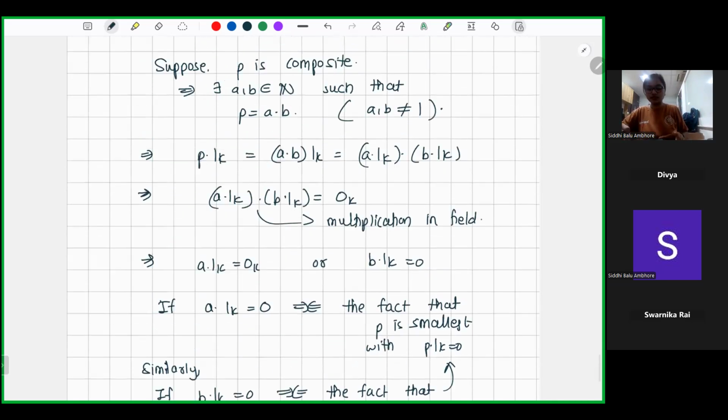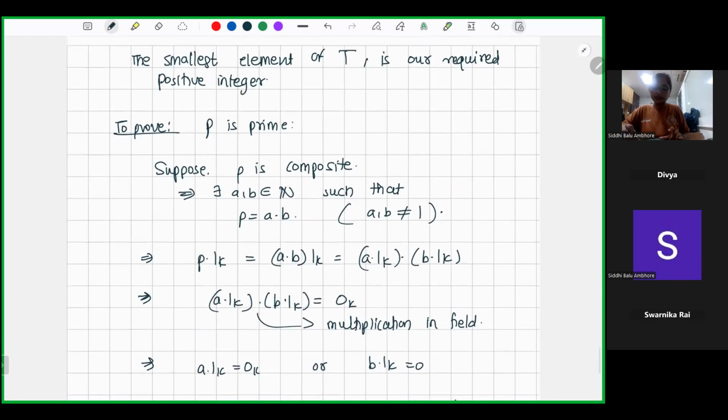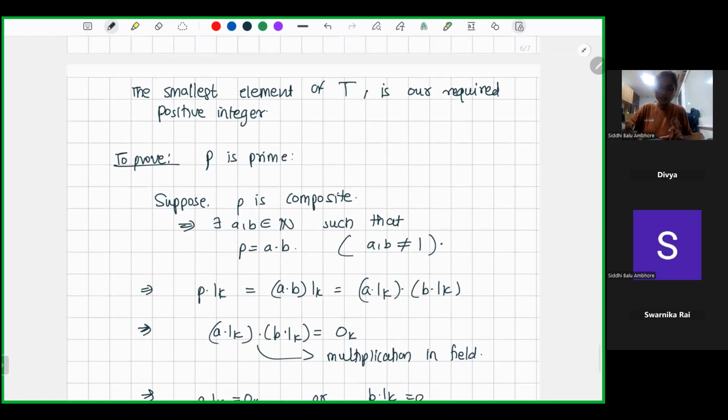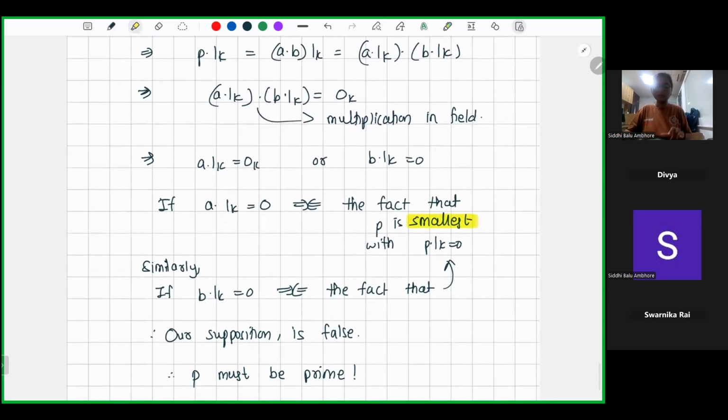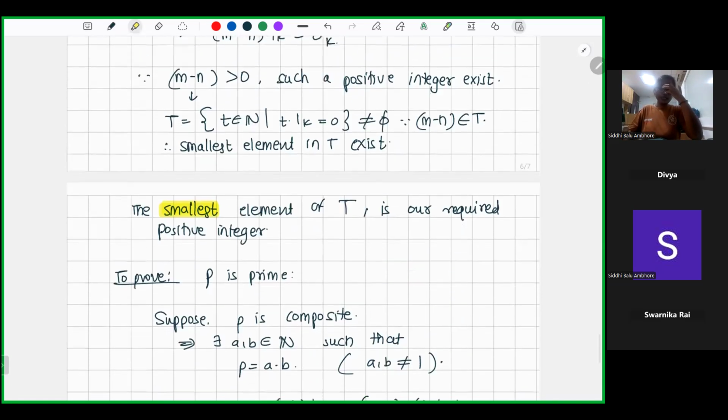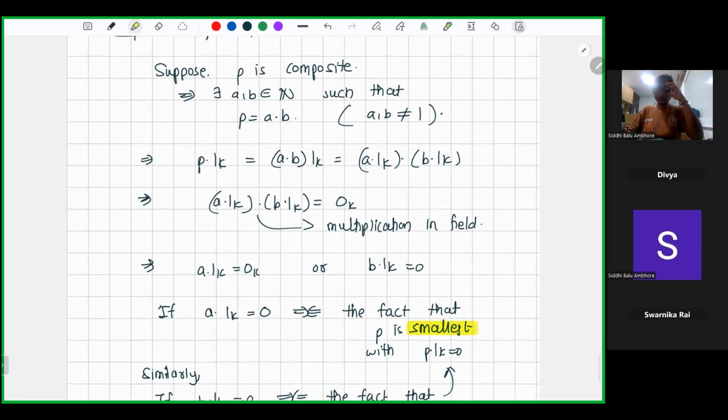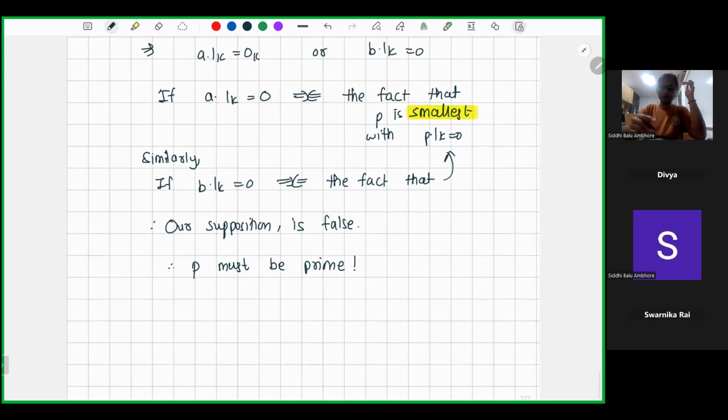This we could prove because P is smallest. This P being smallest actually plays a role here, because we assume P to be smallest. Because if P into 1K is 0, then this will imply 2P into 1K will also be 0, right?